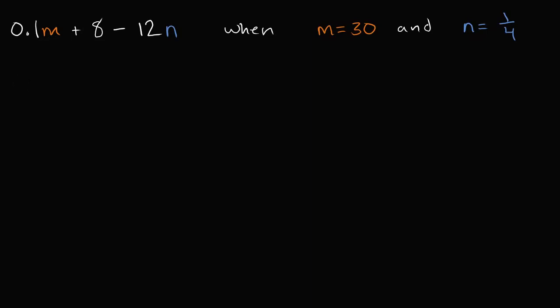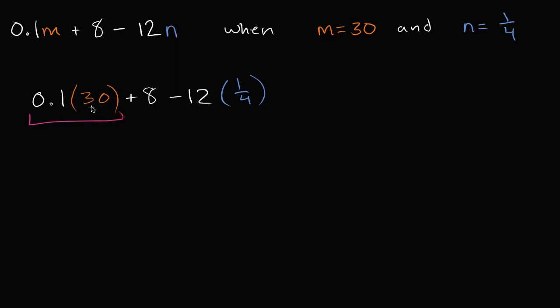So this is going to be equal to 0.1 times m, which is 30, times 30, plus 8 minus 12 times n, where n is 1/4. So what is this? 0.1, that's the same thing as 1/10 of 30.